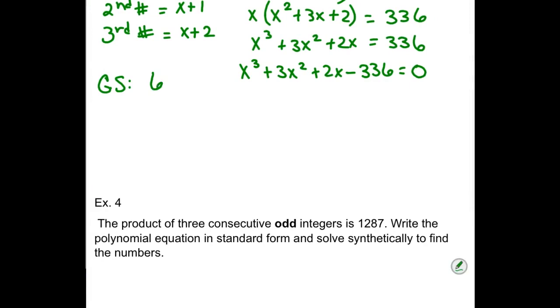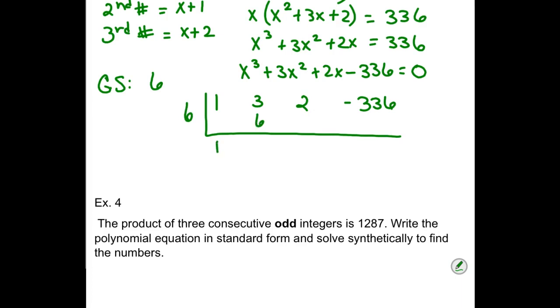So the graph suggested a 6. We're going to prove synthetically. My coefficients are 1, 3, 2, negative 336. And I want to see if 6 is actually a 0. So bring down our 1 and multiply, adding, multiplying, and adding. And 6 times 56 is 336.